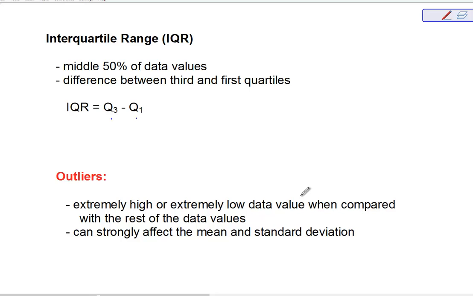They're the things that really look a little bit off to you. Not all data sets have outliers. Some do, some don't. Some will have more than one outlier, or an outlier on both ends, and that's okay. We just want to be able to identify your outliers if you have any.